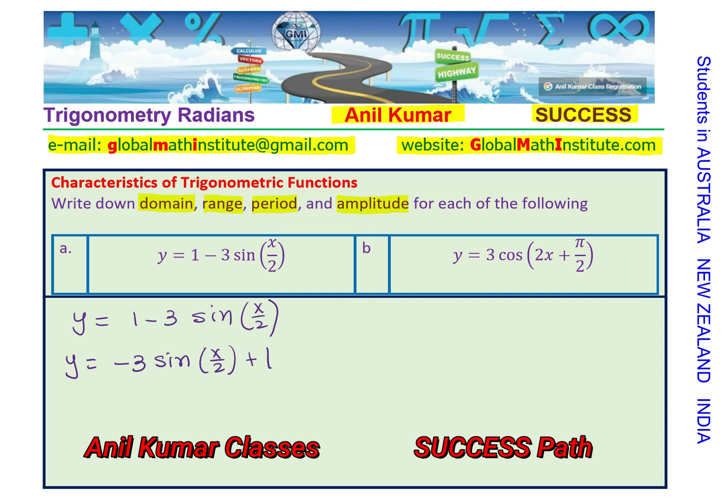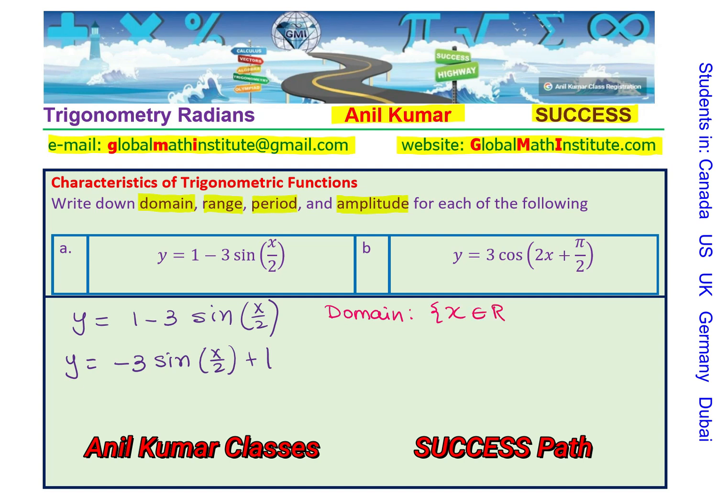Now, from here you can write down all the parameters. As far as the domain is concerned, the domain is the set of real numbers for sine and cosine. There are no restrictions, right? So we can begin by writing the domain. So domain is x belongs to real numbers.